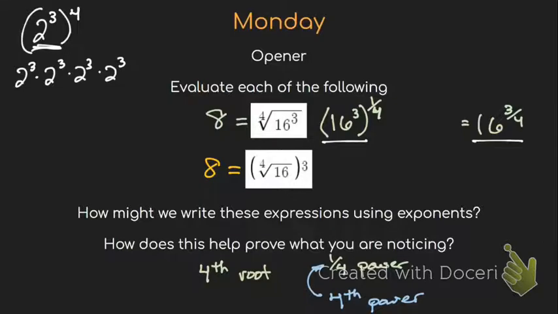But either way, when we do this, we can see that we get 2 to the 12th. Which means, what did we really do with these two exponents? Multiplied them. And you can see why. Because this really meant I had 4 of those third powers that were all multiplied. Hence, I had 3 and 3 and 3 and 3. 12.